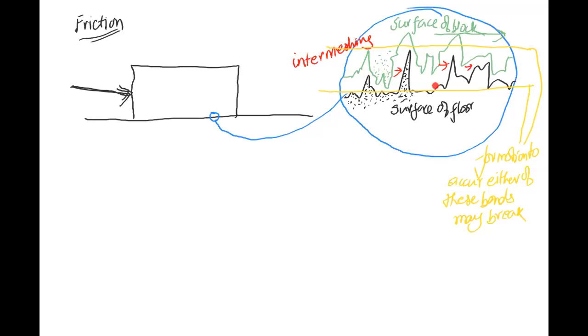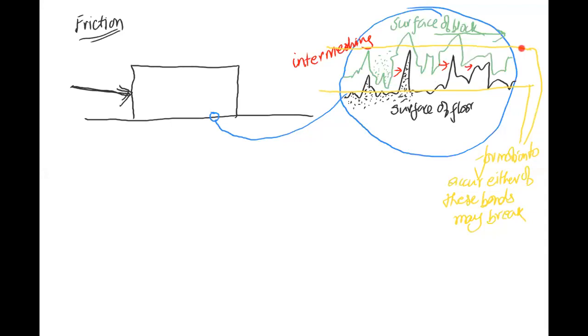So this is the origin of friction, right? And as you will notice, there are two things which are important here. The first is that when I apply a force, there will be a resistance generated because these bonds don't want to break.